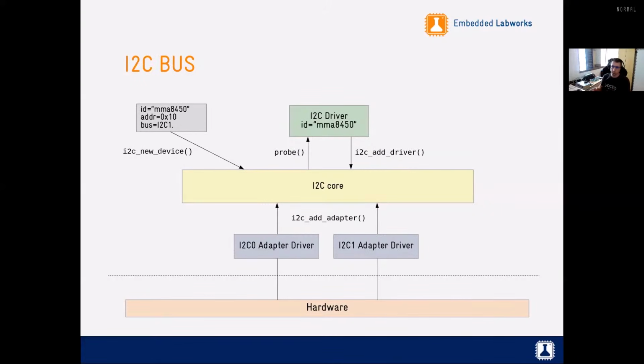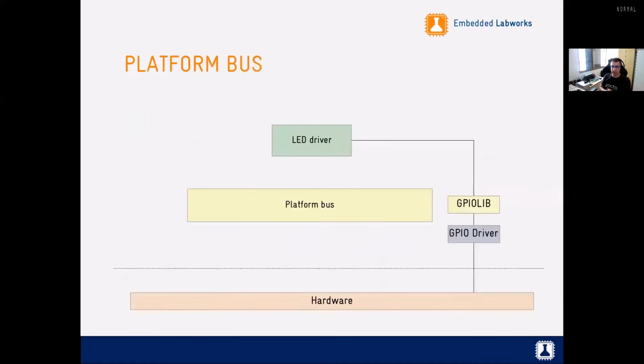So when you register a driver that knows how to talk to a device, and you register a device in the bus, then a match will happen, and the driver will be instantiated via a function called probe. That's the same thing, and really the question here is how this device is registered in the bus. We're going to talk about this.